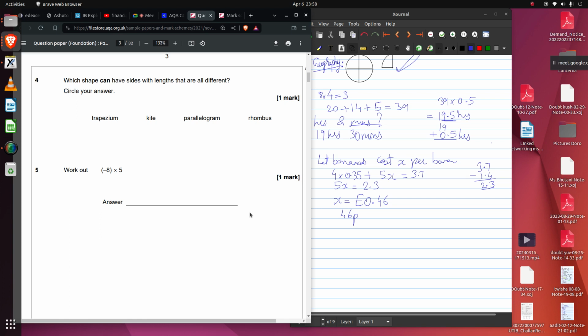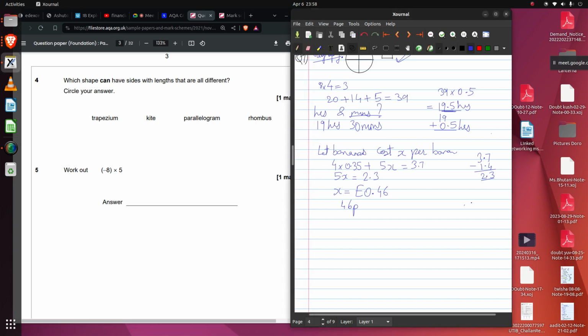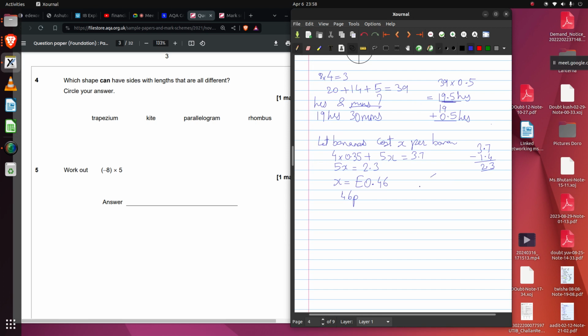Rhombus is equal. Kite is equal. What is equal in kite? The lines, right? In a kite, there are 4 lines, right? Shall I draw a rough diagram?